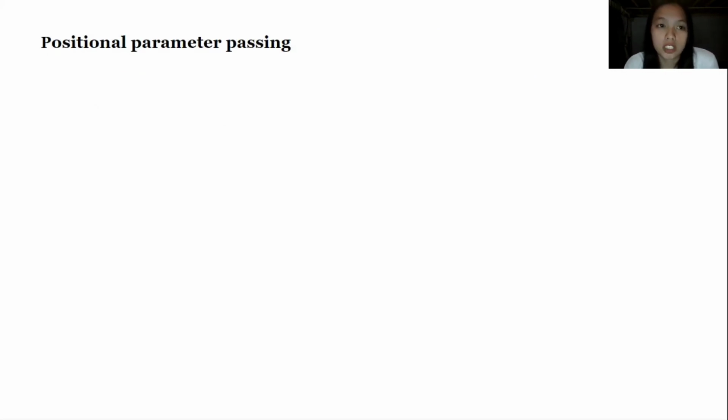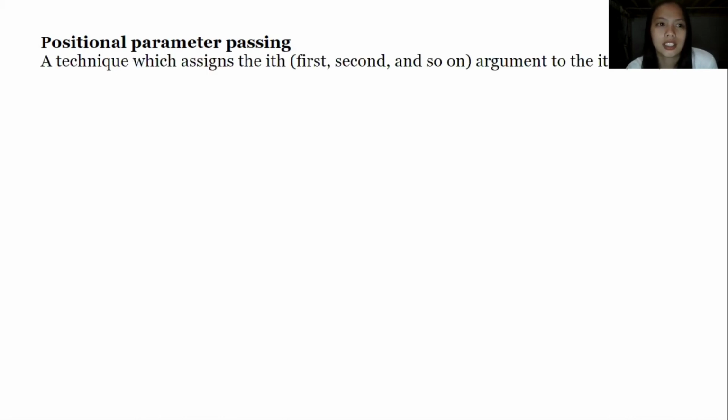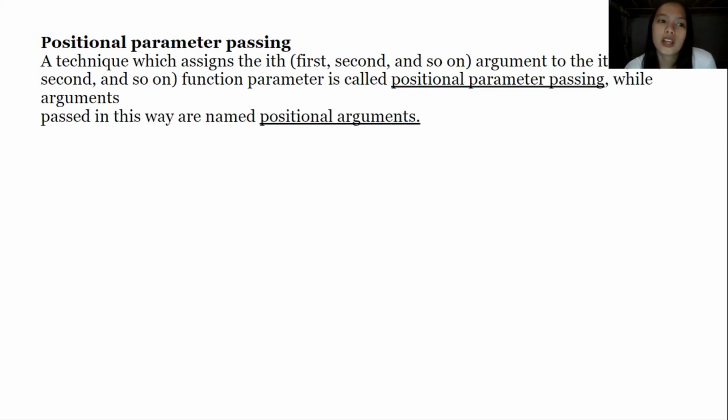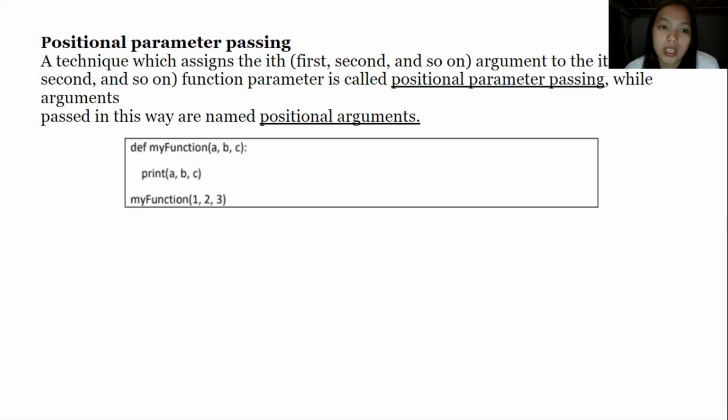Positional parameter passing: a technique which assigns the first, second, and so on argument to the first, second, and so on function parameter is called positional parameter passing, while arguments passed in this way are named positional arguments.